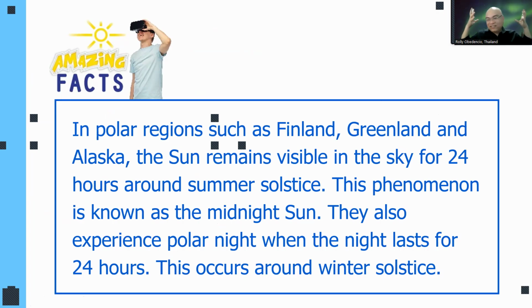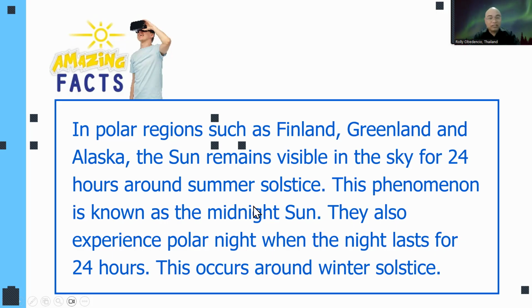That is in Finland and there in the northern hemisphere in the polar regions. In Greenland and Alaska, the sun remains visible in the sky for 24 hours around summer solstice. In other words, even if it is midnight, the sun is still up.